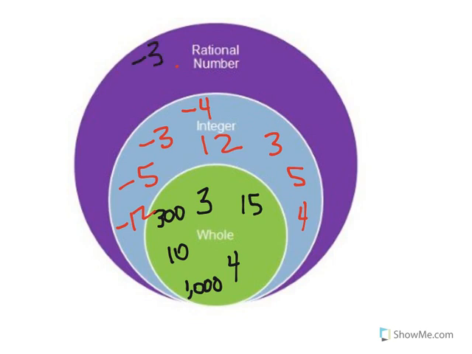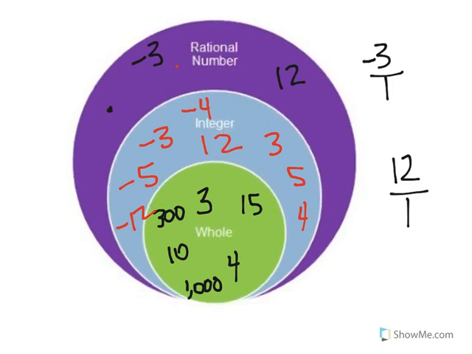Negative 3 can look as a fraction if I write it as negative 3 over 1. 12 can look as a fraction if I write 12 over 1. 5/10 can look as a fraction if I write it like that. 3/4 can look like a fraction because it's already a fraction.